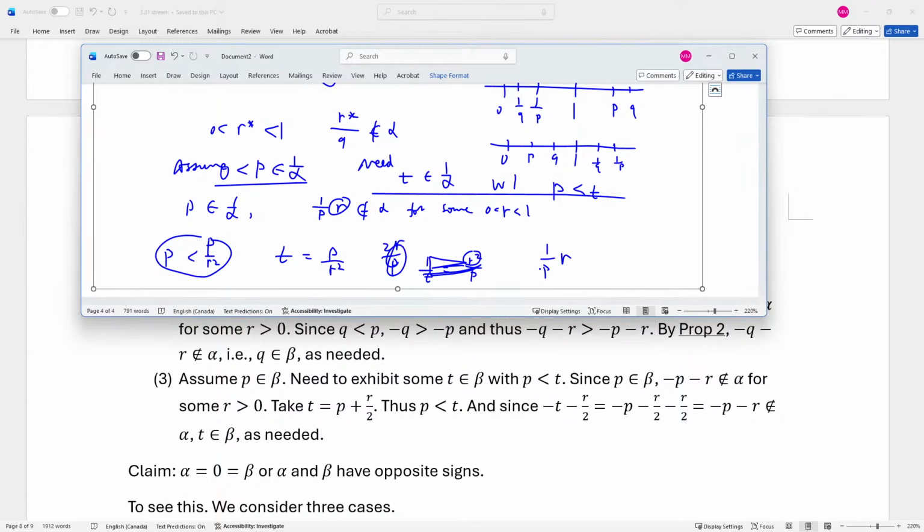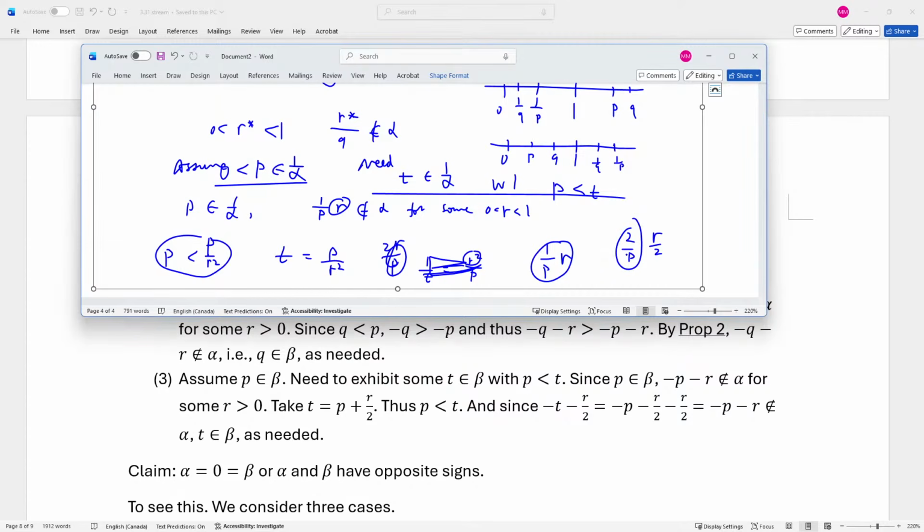But we just wish to cook up something that is greater than p. Hang on. Maybe do this: half r times 2 over p. Does that work?